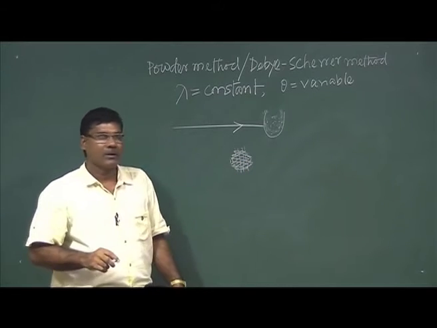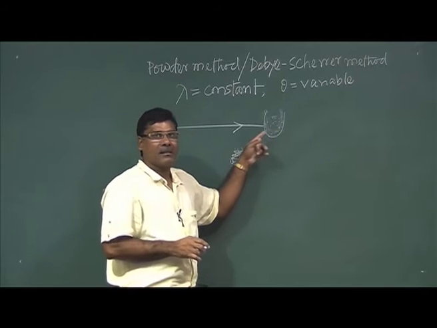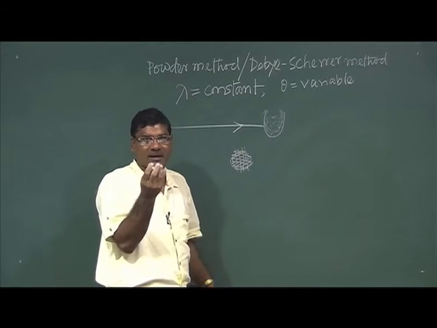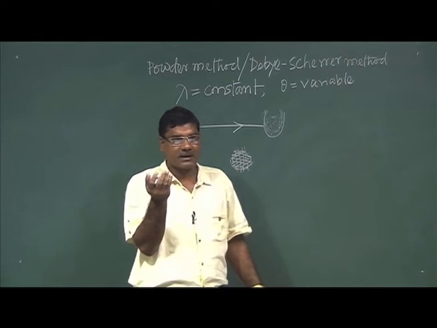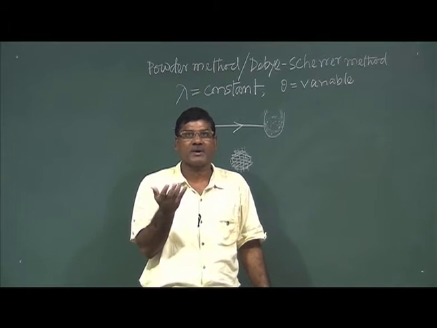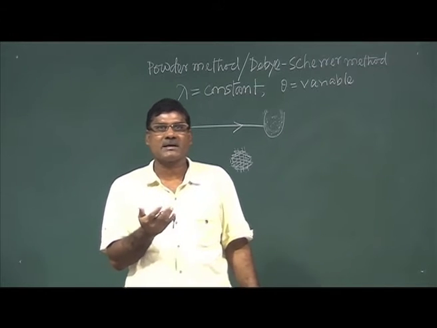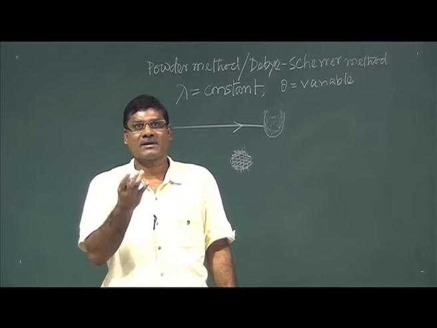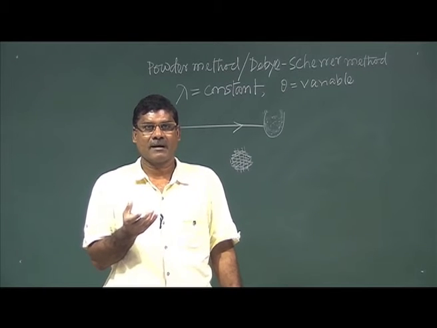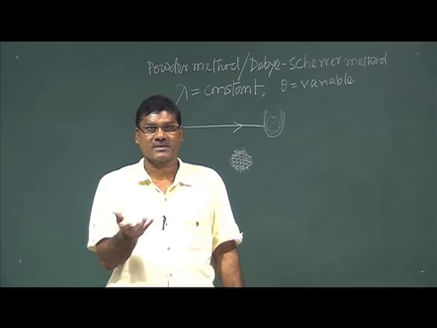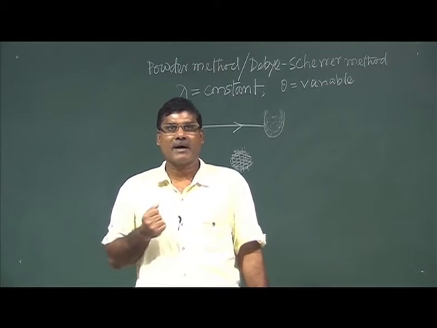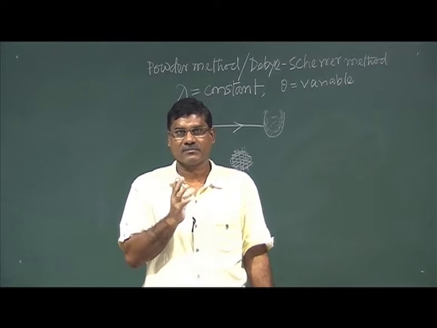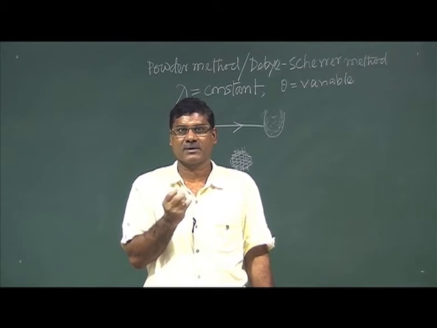Okay. So, each particle has all planes, because it is a small particle, but its size is in micrometers. In micrometer size, how many unit cells will there be? What is the dimension of a unit cell? The dimension of a unit cell is a few angstrom, say even 5 angstrom, or even 10 angstrom, the biggest one.